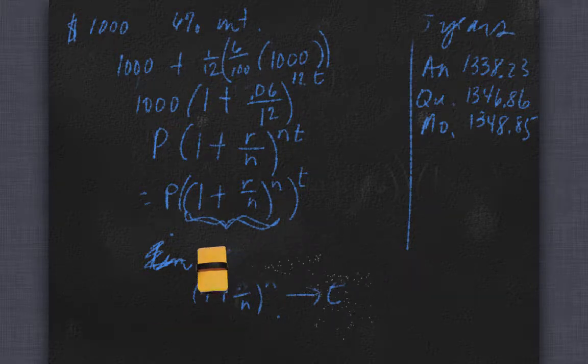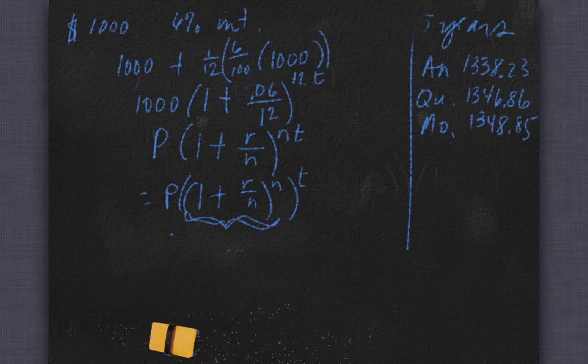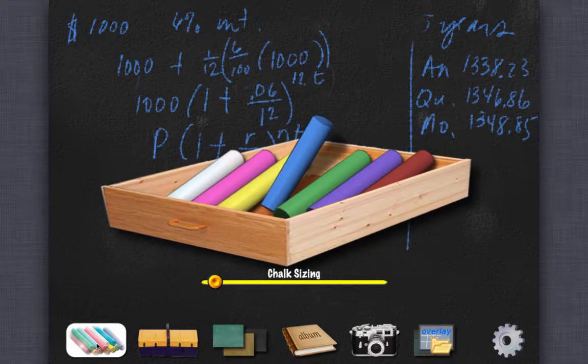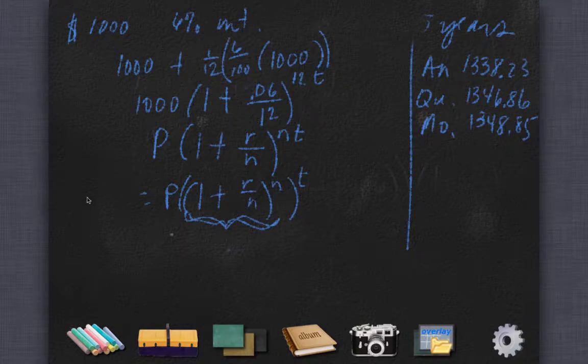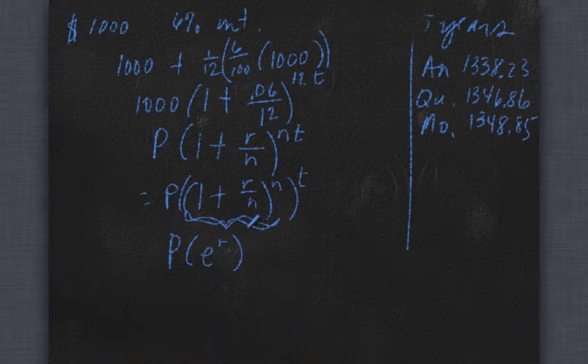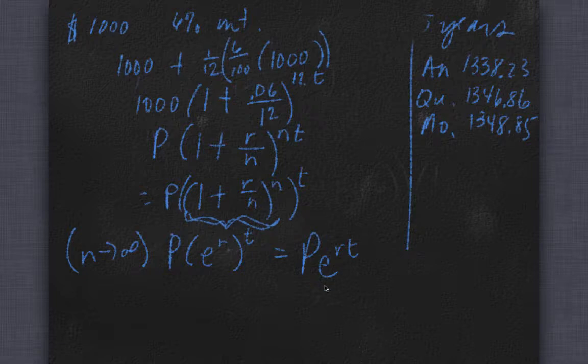That should equal e to the r. So now we have p times e to the r to the t. This is as n goes to infinity, right? So as we go to continuously compounding, this is p e to the rt, again, just a rule of exponents to bring that t out. That's where these formulas come from, and that's the reason e does this, is because e is just what we named the guy who does this thing.